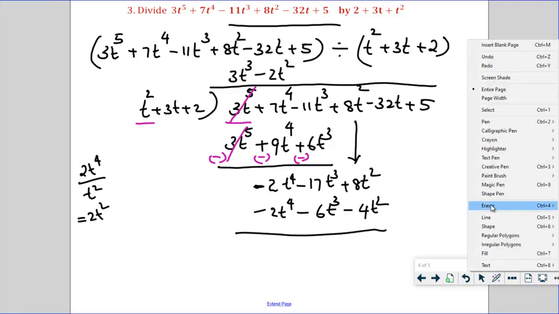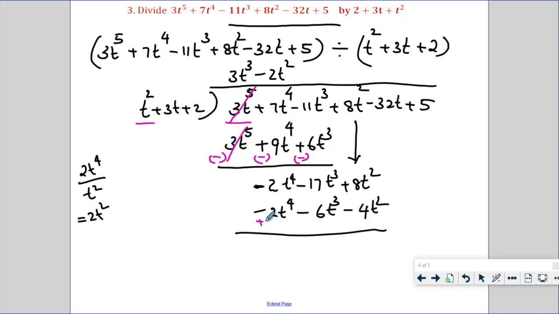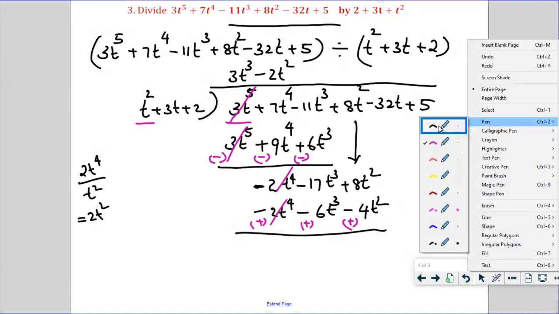For the subtraction, interchange the sign. This is plus, this one is plus, this is also plus. After that you have to add. The first term we can cancel because minus 2t power 4 plus 2t power 4. The next term is minus 17 plus 6. Here both signs are different, so we have to subtract.